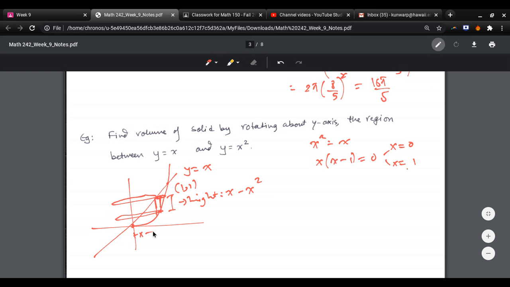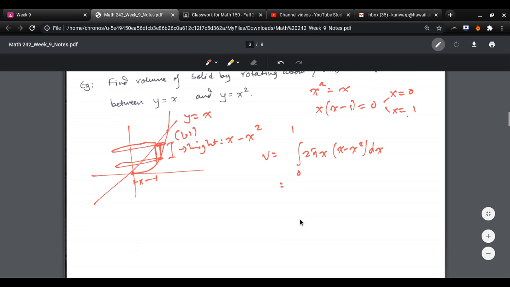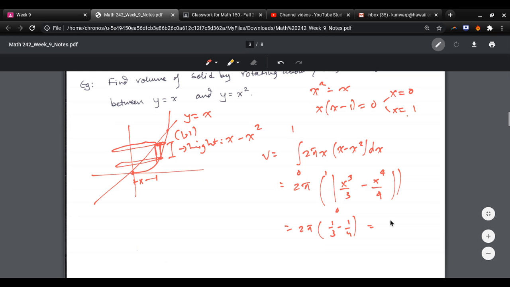At any distance x, the volume is 2 pi x, and now instead of f of x, it's going to be the top one minus the bottom: x minus x squared dx, from 0 to 1. When you solve, that's 2 pi times x cubed over 3 minus x to the 4 over 4 from 0 to 1. That's 2 pi times 1/3 minus 1/4, which is 1/12, giving you pi over 6.